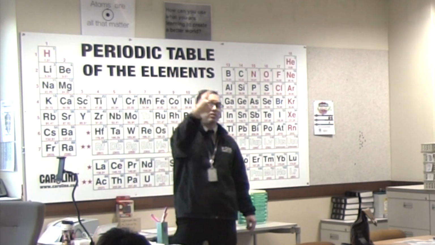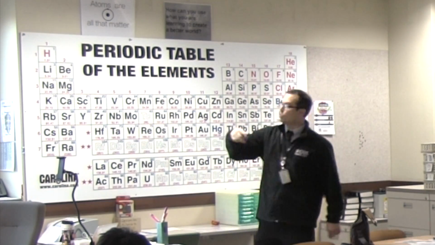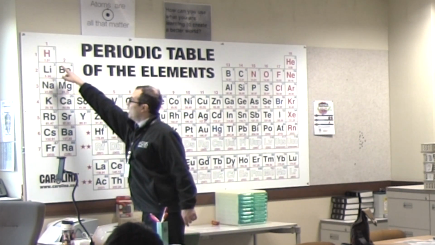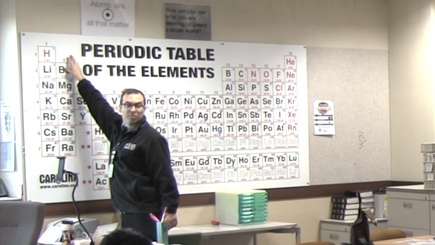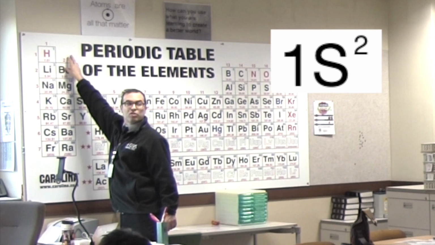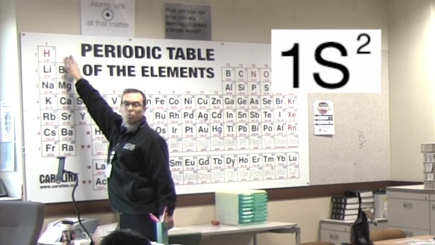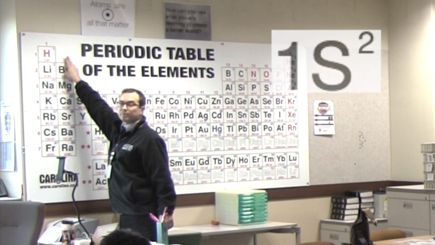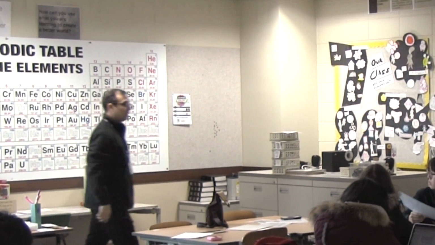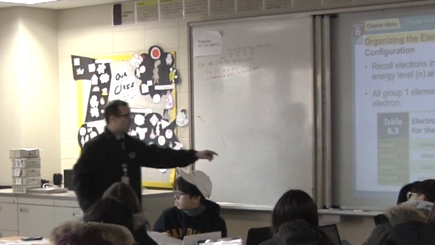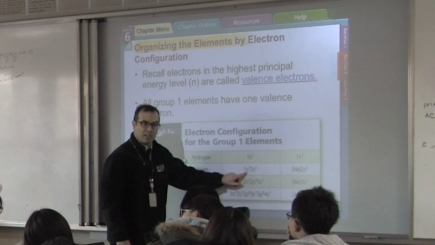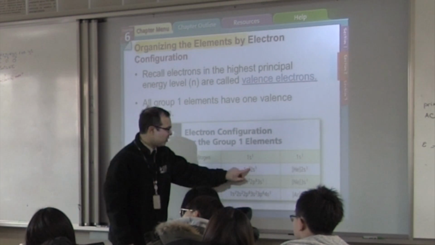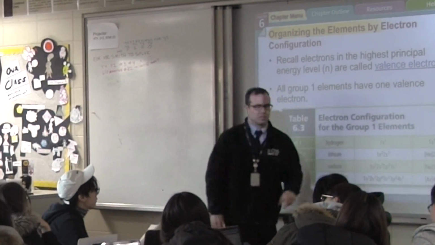Then we can count out the second electron. This would be 1s1, and then we would go right to here, which is where helium really should be. It should be 1s2. So 1s1 and then 1s2, which is our configuration 1s2. You'll notice it's the beginning of lithium, 1s2, but then it's 2s1.